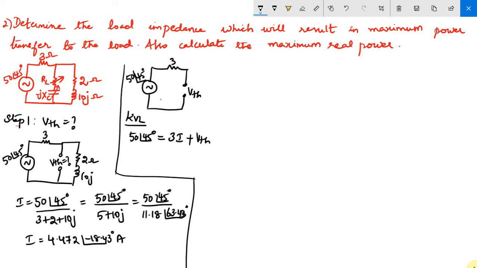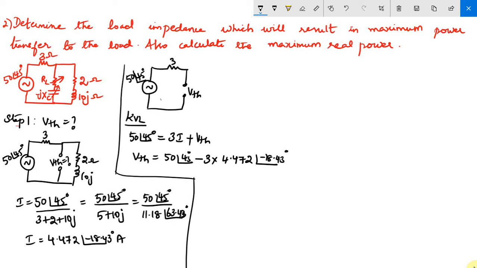Right, now we need to know what is VTH. So keeping VTH on one side and taking the other parameters to the other side, we get 50 angle 45 degree minus 3 into I, where I is 4.472 angle minus 18.43 degree.